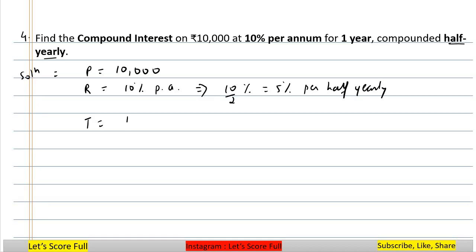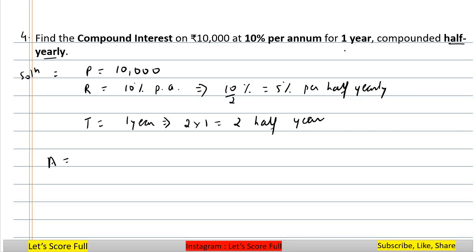And the time period is 1 year. But in 1 year, how many half years are there? 2 into 1 means 2 half years. Wait, I'll write it neatly. 2 half years. Correct? Now use the formula.